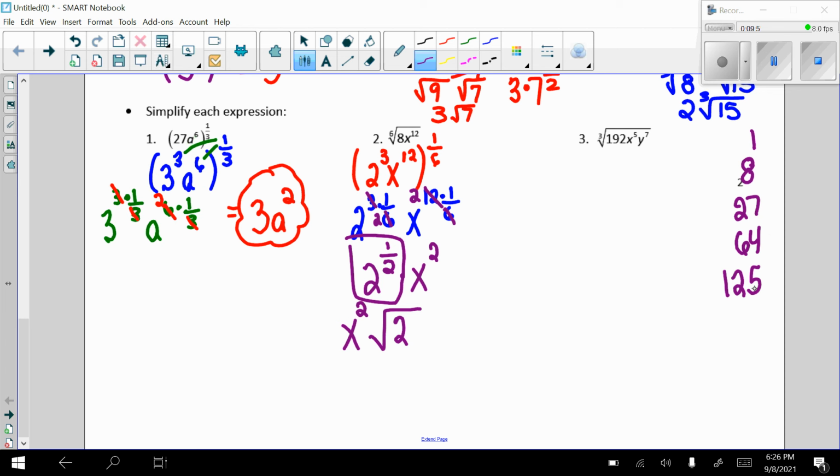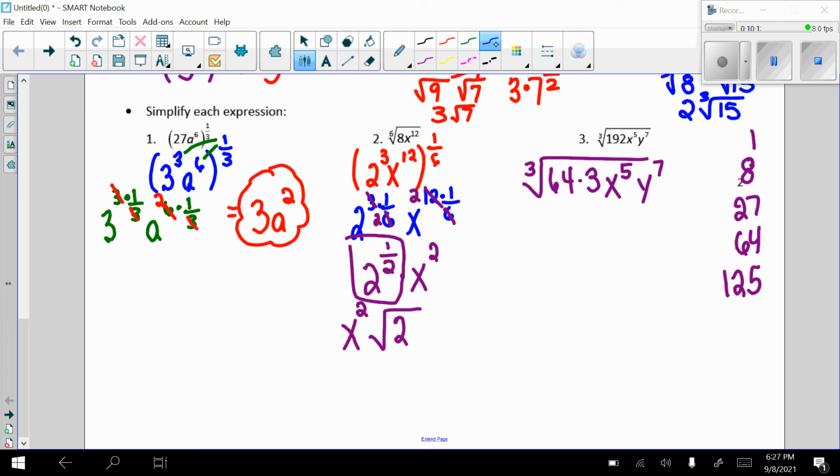Well, 125 doesn't go in. And if you checked on your calculator, you would see that 64 does go in. Let's do a little rewrite and have the cubed root of 64 times 3, and then x to the 5th, y to the 7th.